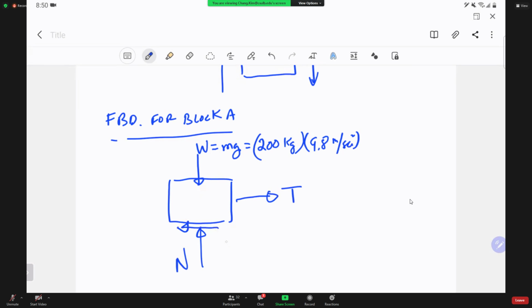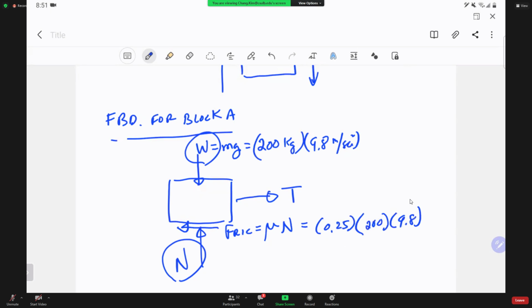And also I have the friction force, which is equal to mu times N. So this is 0.25 times the normal force, which is basically equal to W, the weight. So that's going to be 200 times 9.8, and this will give you 490.5 newtons.